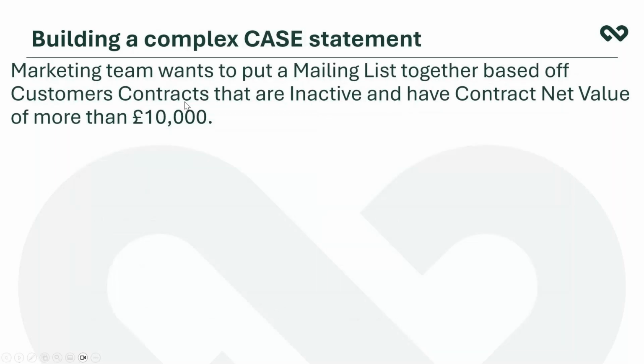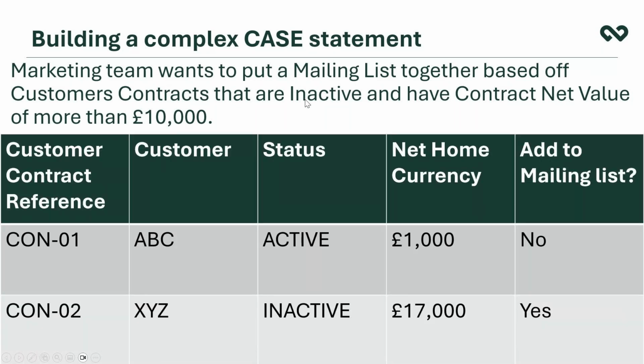And then we'll try and build a more complex example of a case statement, but it's not massively complicated. So here, the marketing team wants to put a mailing list together based off customer contracts that are inactive and have a contract net value of more than £10,000.